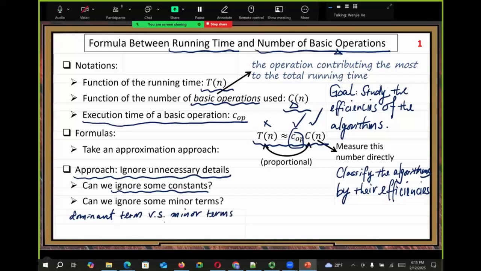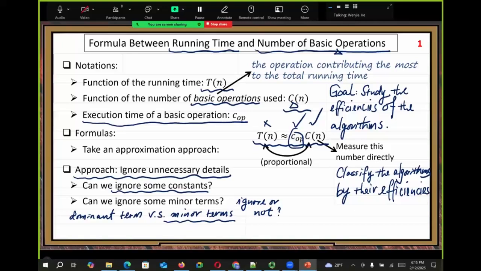The question is, can we ignore the minor terms? Ignore or not the minor terms.